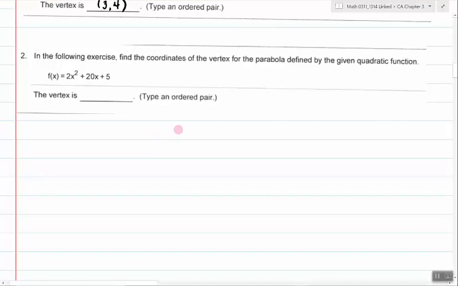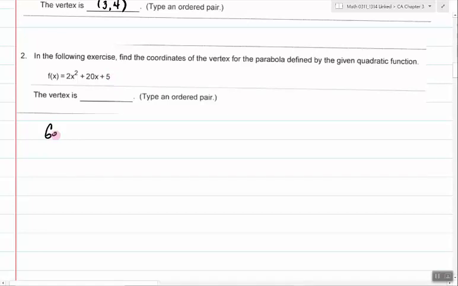There are two ways you can do it. If you were pretty savvy, you could actually complete the square on this. That is not the most popular method. The most popular method is to use formulas.